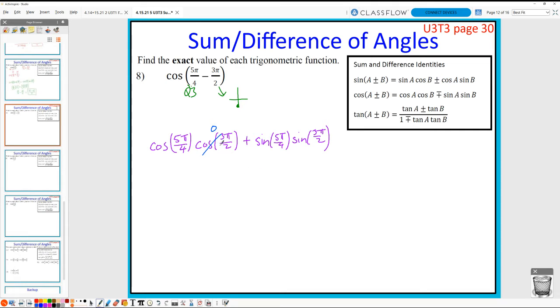I don't even need to write that out. But just for the sake of those that maybe don't see that off the bat, quadrant 3 is negative, so negative root 2 over 2 multiplied by 0, plus this is also negative root 2 over 2, sine this is negative 1. Just like I said before, this is going to cancel out because it's just 0. I am left with just positive root 2 over 2.